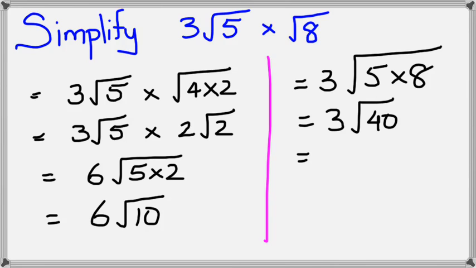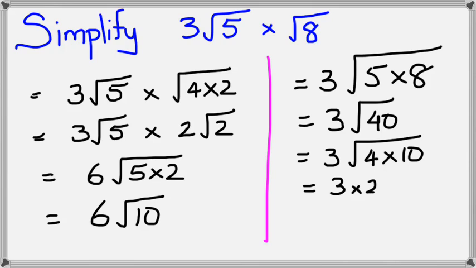Then I would have to rearrange things, because I would get 3 square root of 4 times 10, which would make it 3 times 2 times square root of 10, which equals 6 square root of 10. As you can see, whichever method you go, you will still simplify to the same answer. Alright, on to the next example.